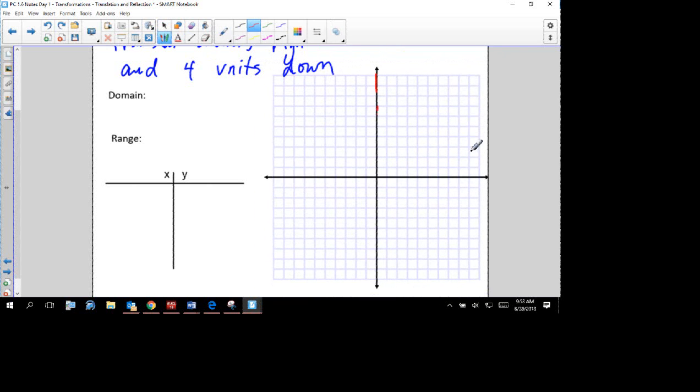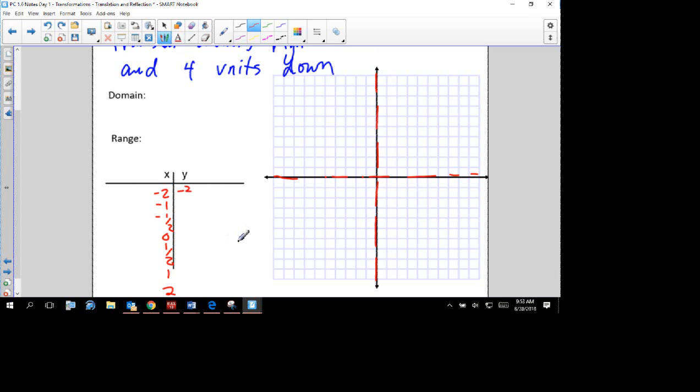There's an asymptote at x equals 0, and there's an asymptote at y equals 0. That's from our parent function. Also, parent function points, we use things like -2, -1, -0.5, 0, half, 1, 2.